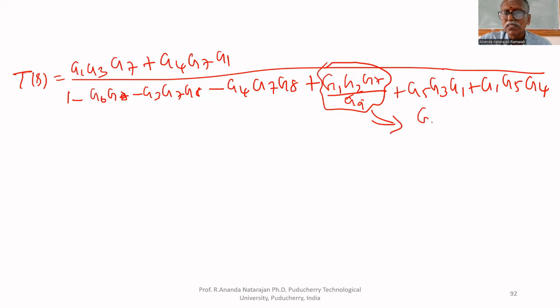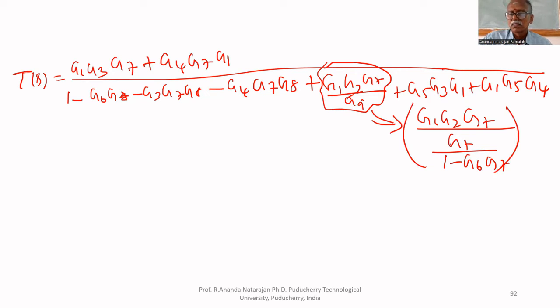this part is equal to G1 G2 G7 whole divided by G9, equal to G7 upon 1 minus G6 G7. G7 gets cancelled and it becomes the numerator.